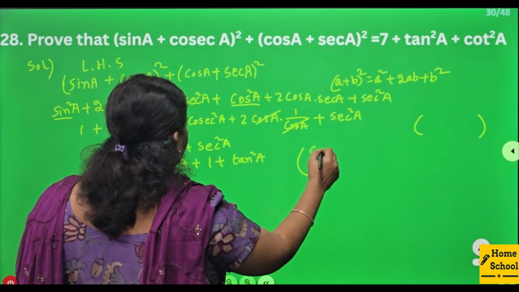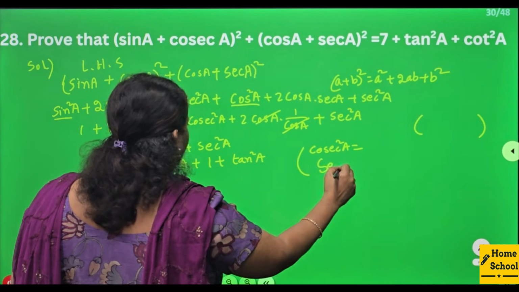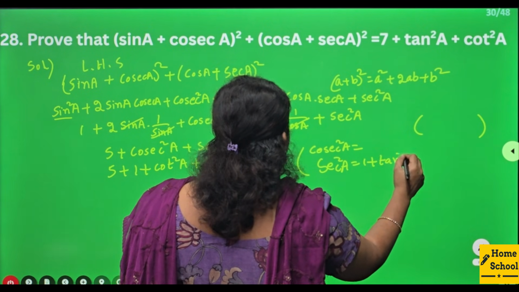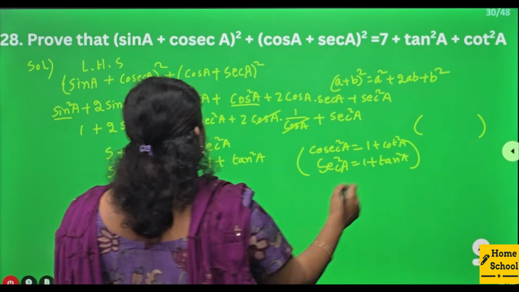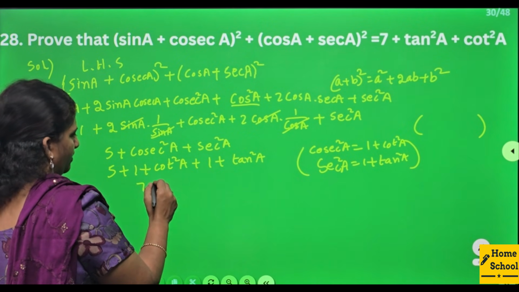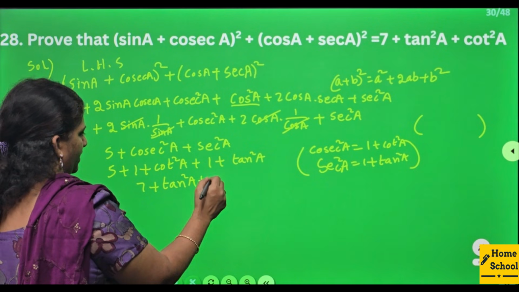We know by identities cosec² A is equal to 1 + cot² A. Write that one. Sec² A is equal to 1 + tan² A. Now 5 plus 1, 6. 6 plus 1, 7. Plus tan² A plus cot² A.